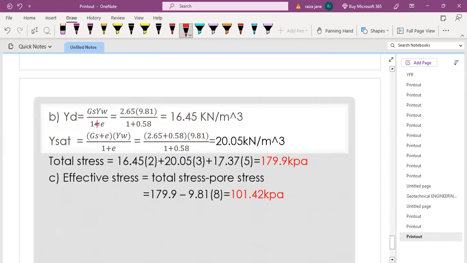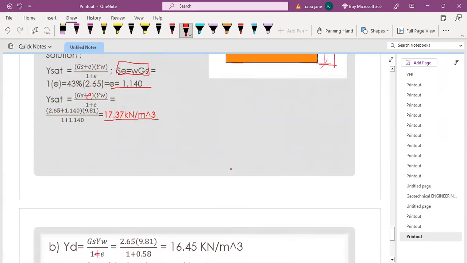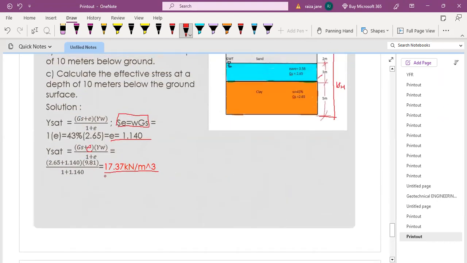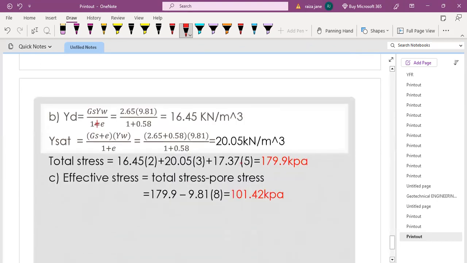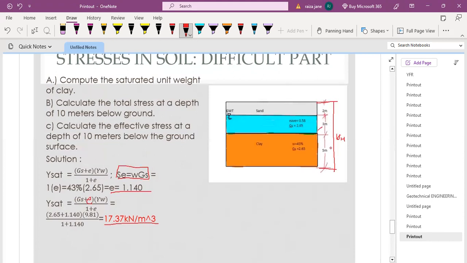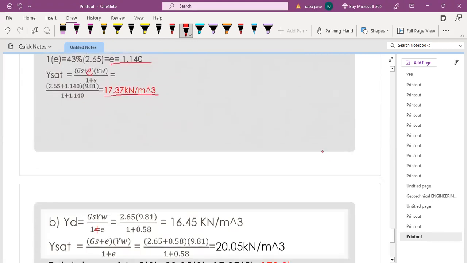Tapos ipa-plus lang natin ng 17.37 yung nakuha natin na unit weight saturation rather na 17.37 kilonewton per cubic meter. I-multiply natin sa 5. Kasi nga 10 meter, di ba? Kaya lahat yan masasakop niya.